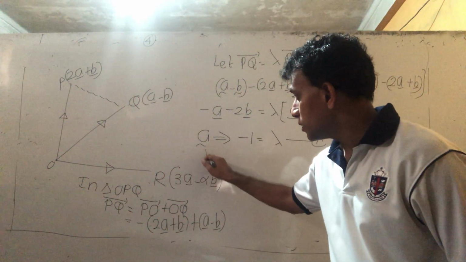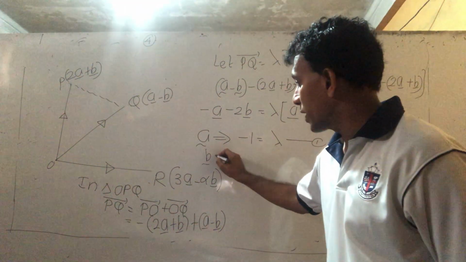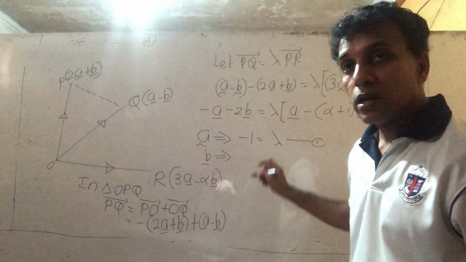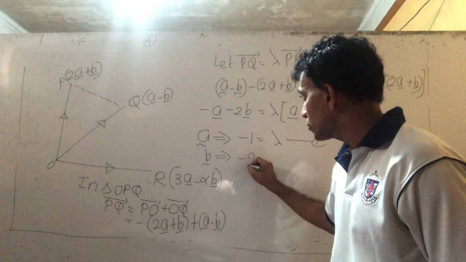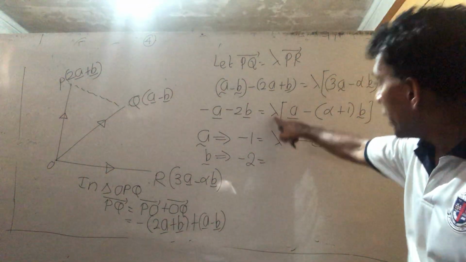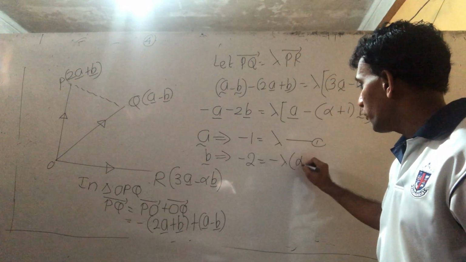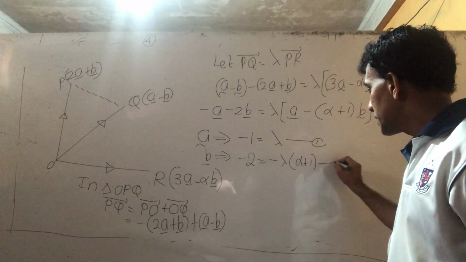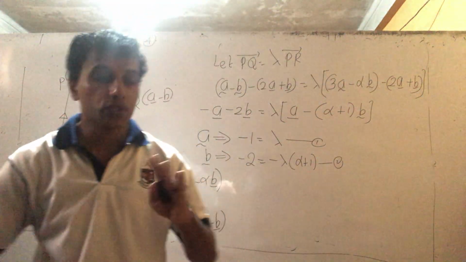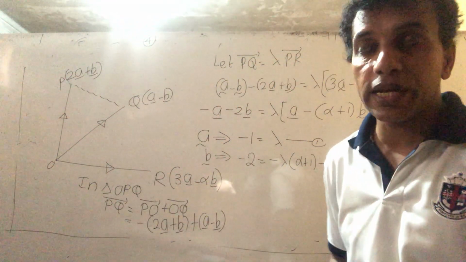Same method, equate the vector B on both sides. So here minus 2 equals lambda times this, therefore minus lambda into alpha plus 1. Second equation. So first equate the coefficient of vector A on both sides, and second, vector B on both sides.